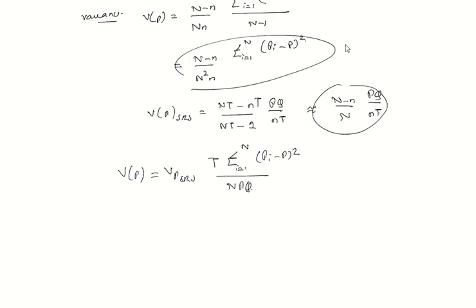So in cluster sampling, this estimator has a multiplying factor. Now if the within cluster variability is less, then this number is going to be very small, and particularly if n is very large, then this is not a big difference.